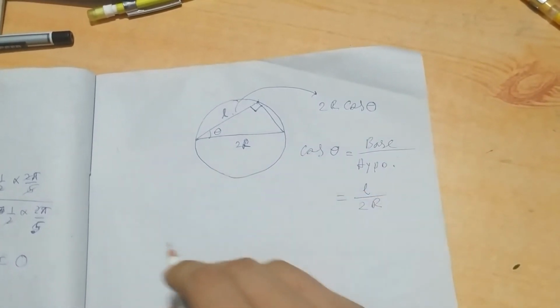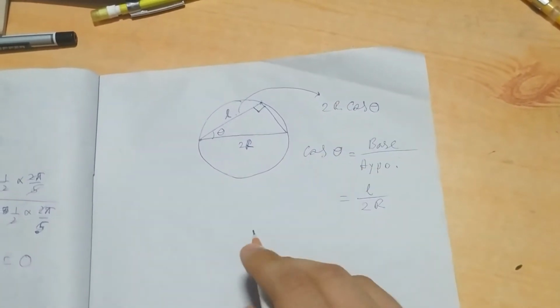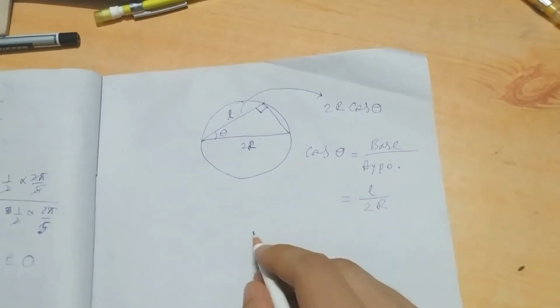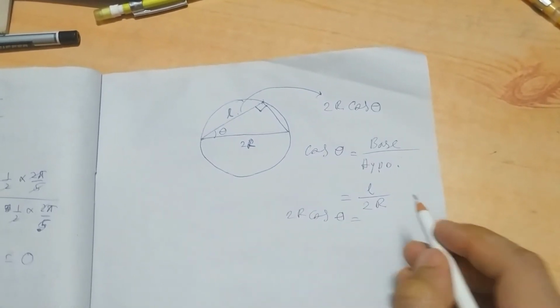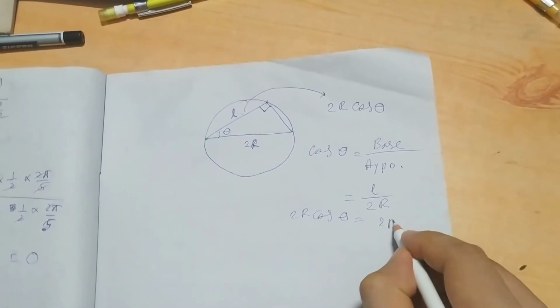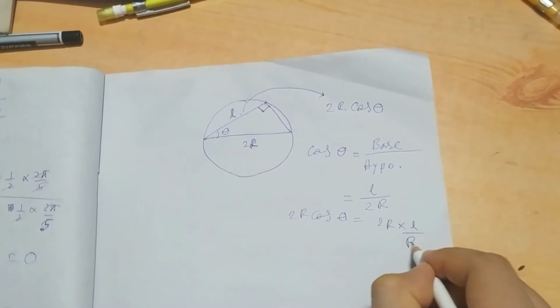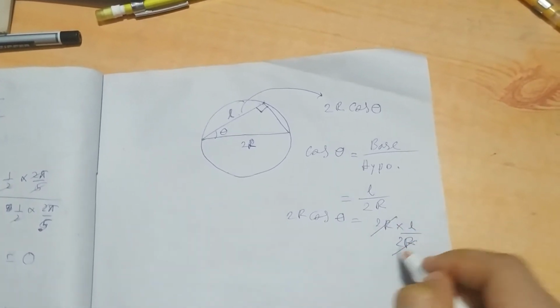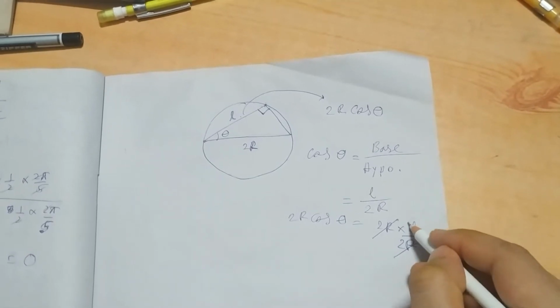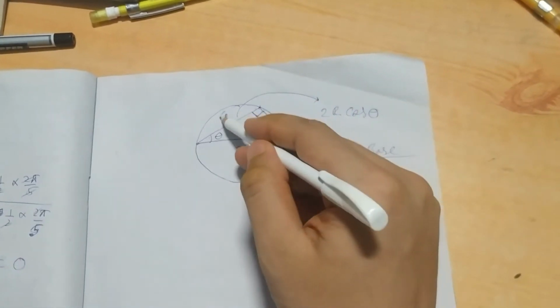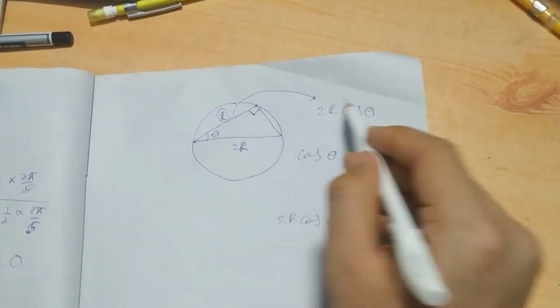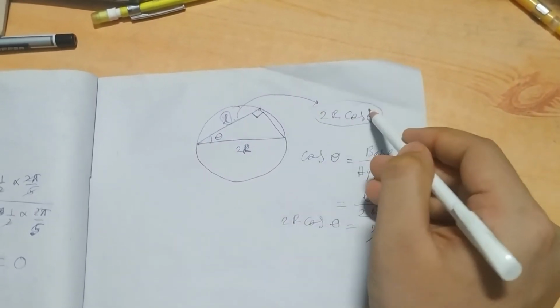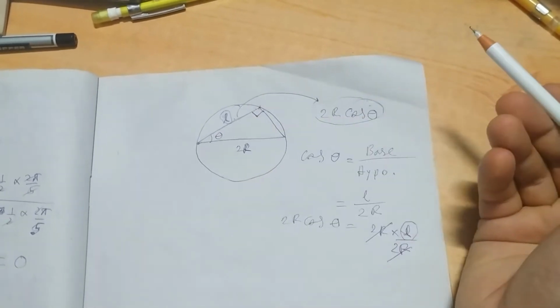And if we write 2r cos theta, that will be 2r into L by 2r. So 2r and 2r will cancel, and this length L will be left. So this line, 2r cos theta, is equal to this length.